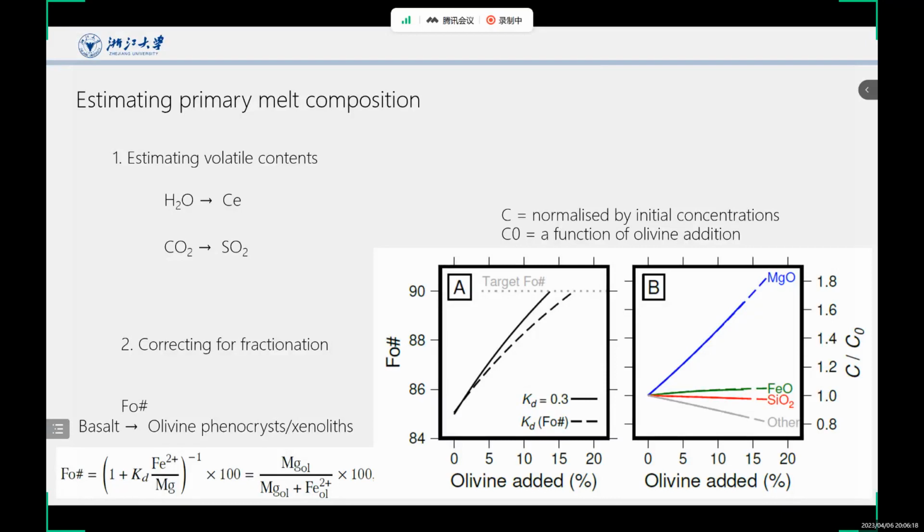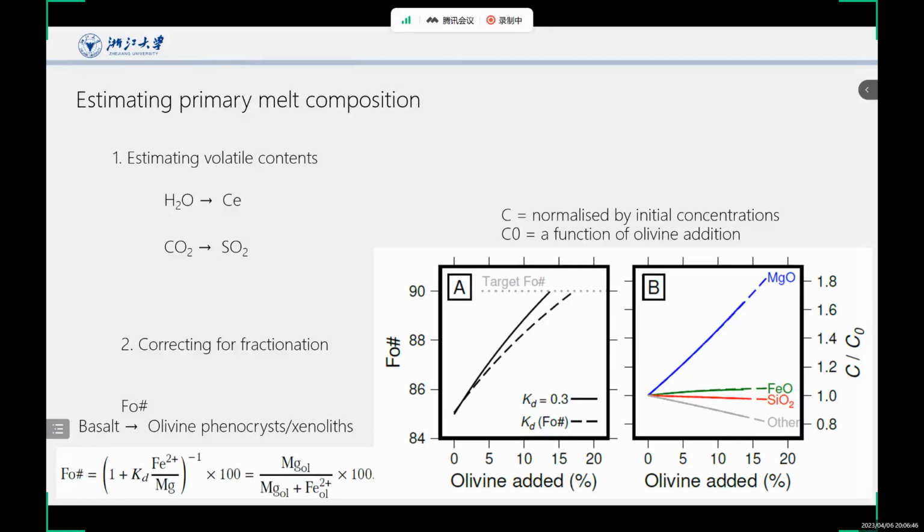When the melt comes up to the surface, it will lose the volatile content. So we have to use another proxy to estimate the volatile contents. In their model, they use the Ce to calculate the H2O content for the primary melt.